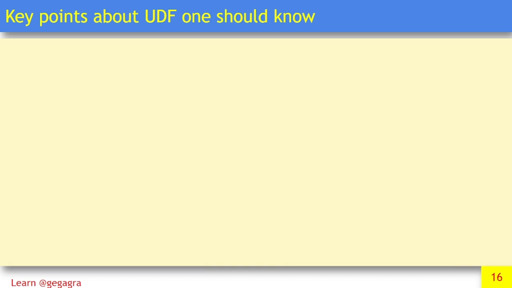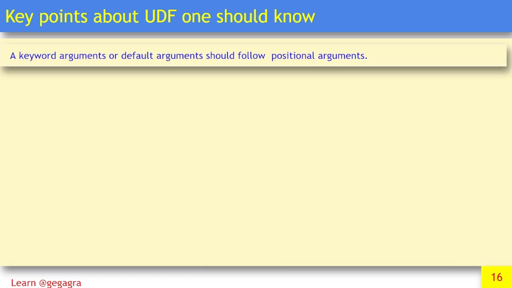And what is the next? The next is that keyword arguments or default arguments should follow the positional arguments. While using the formal parameters, meaning when we are creating the user-defined function, within the parenthesis where we define the arguments, the order should be that first there are the positional arguments, if any, followed by the keyword arguments or default arguments.